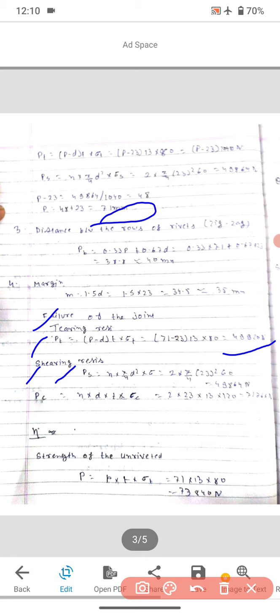The diameter is already given, that is the rivet hole diameter 23, squared, into tau, that is 60, and your value will be 49864 Newton.